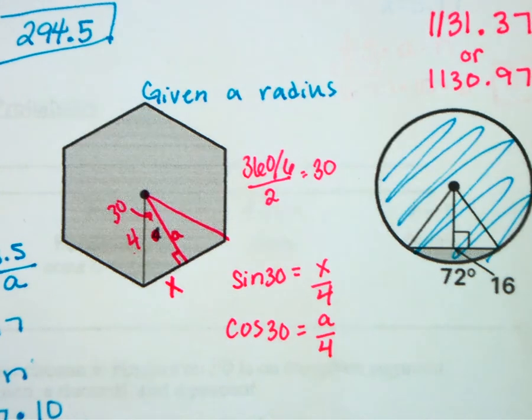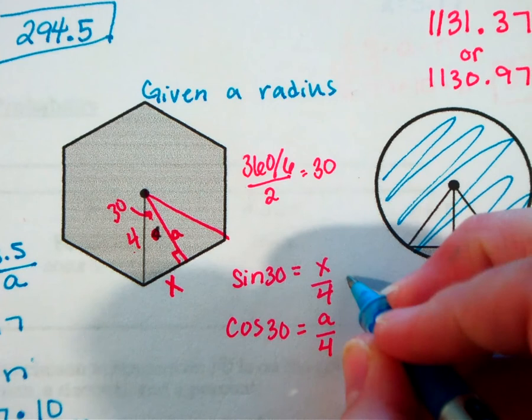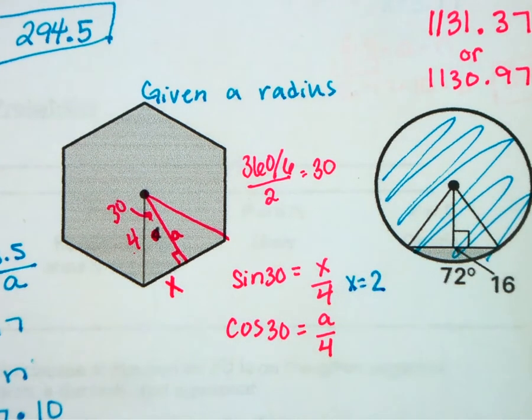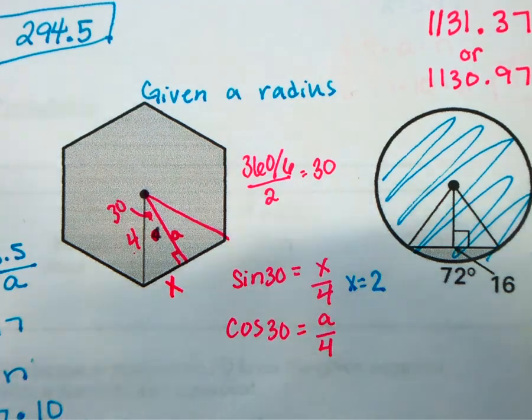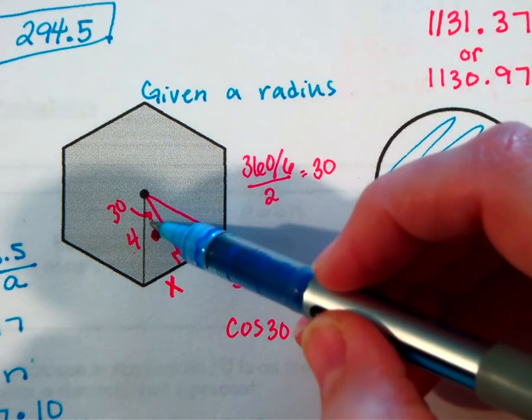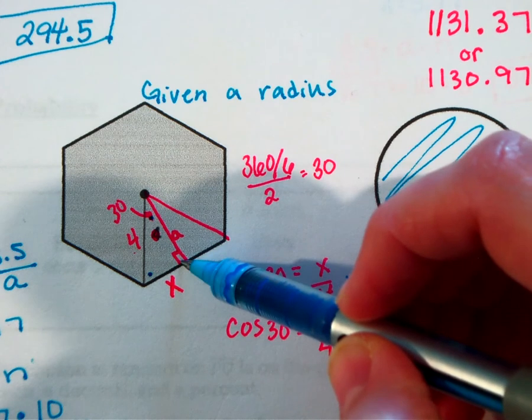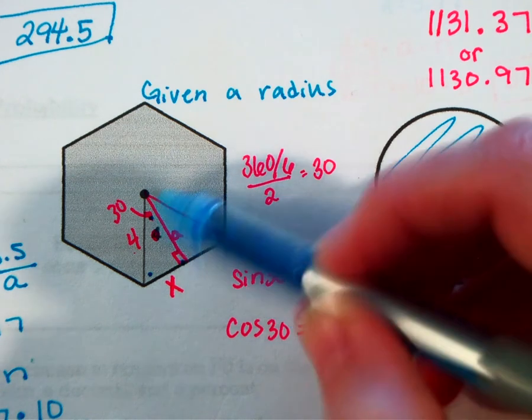Okay, which when you went through and you did this problem, were you surprised that you got x to be 2, a nice pretty whole number? You might have been surprised, or you might have realized that this is a 30, 60, 90 right triangle.